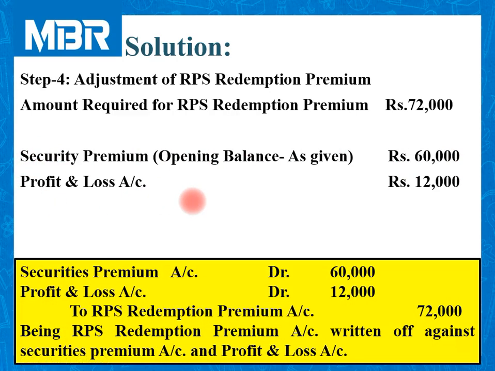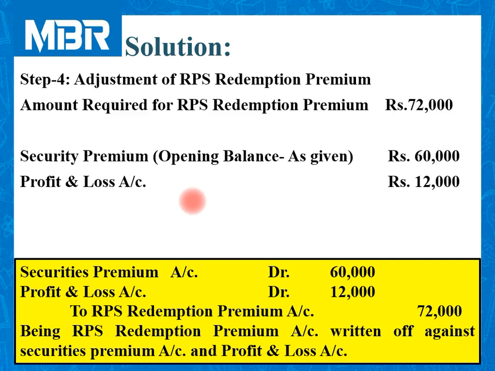Journal entry for the transaction. Securities premium account debited rupees 60,000. Profit and loss account debited with rupees 12,000, and RPS redemption premium account credited by rupees 72,000.